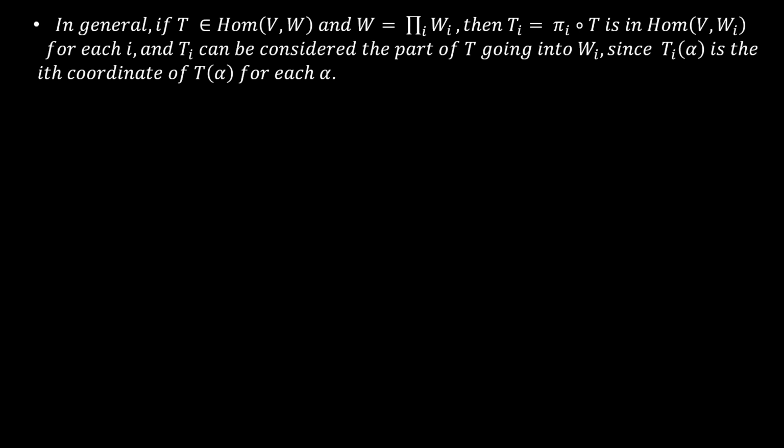In more general terms, if T is an element of the homomorphism Hom(V, W), and W happens to be a Cartesian product of the vector spaces Wi, then Ti can be looked at as the projection πi of T, which is in Hom(V, Wi).